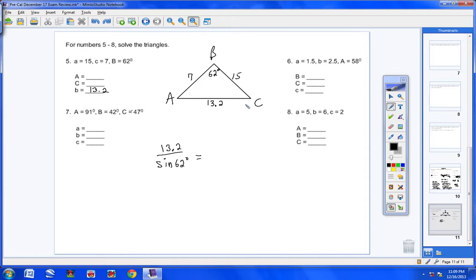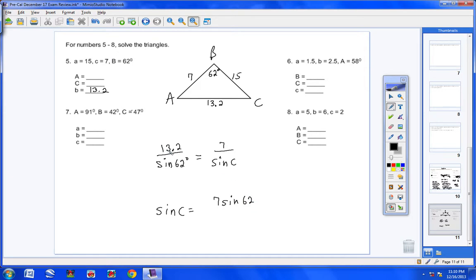So we are going to have to solve for C because that's the smallest angle. So I'm going to have 7 over sine of C. If we cross multiply and then divide, first of all, 7 times sine of 62 is 7 sine 62.